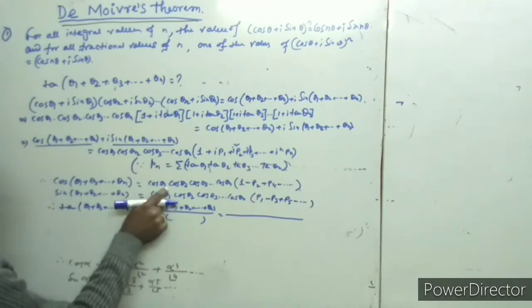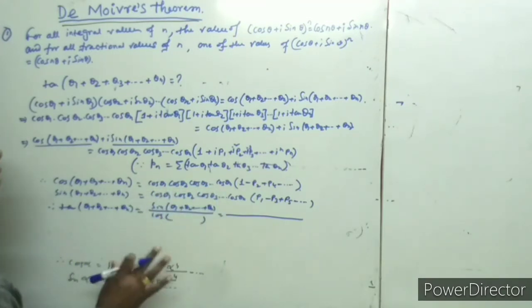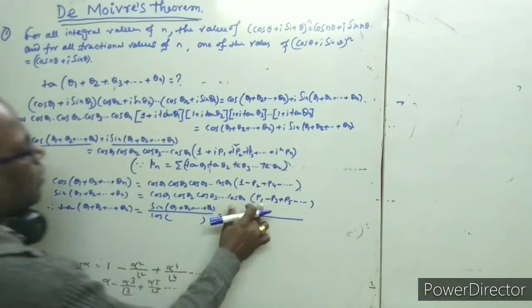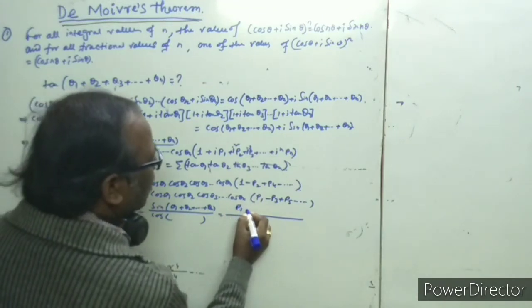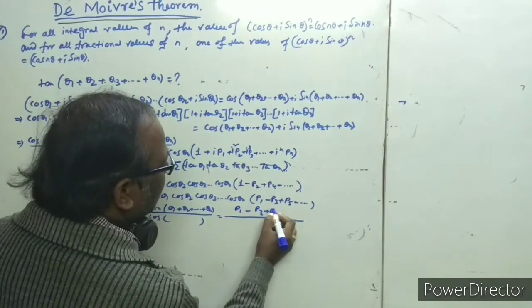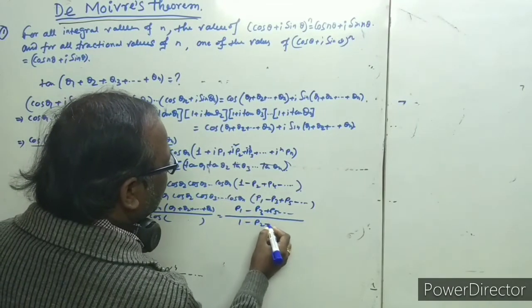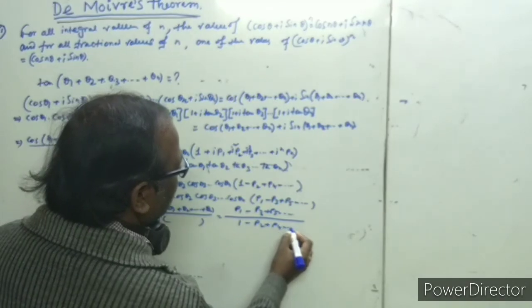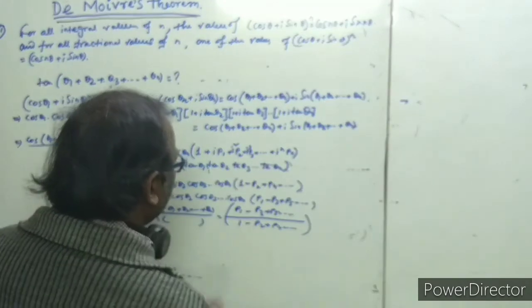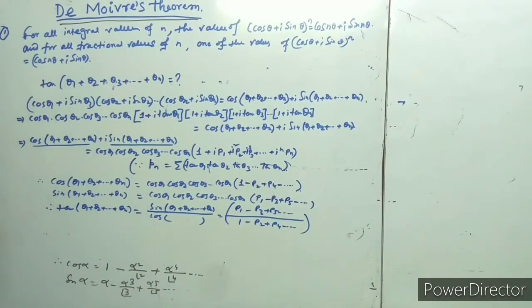If we divide, these parts cancel, so left here is p1, p3, p5 over 1 minus p2, p4. Okay, and this is the expansion of tan. Very important question. Expansion is this.